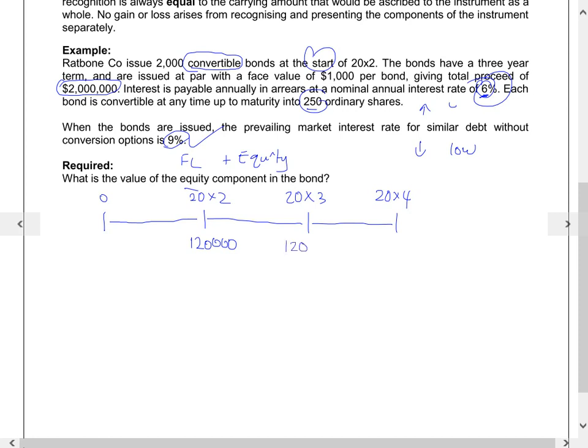Therefore, my equity will be the balancing figure. How much is my equity?